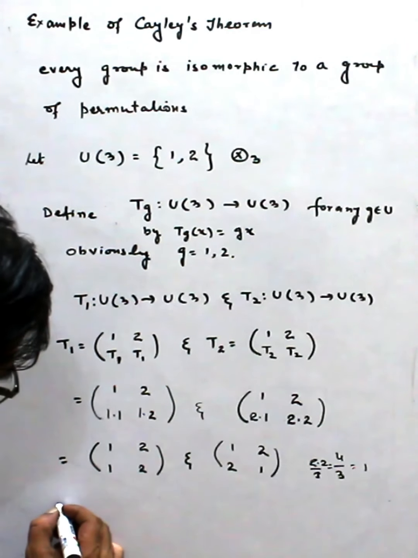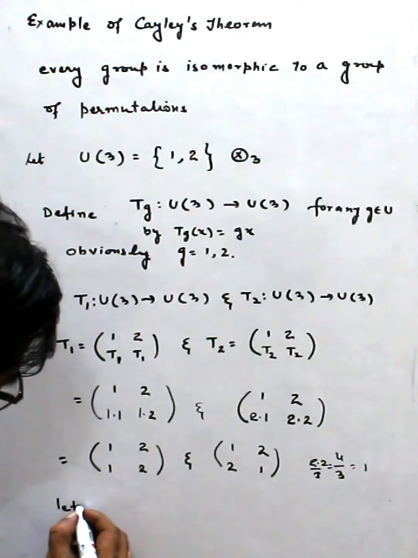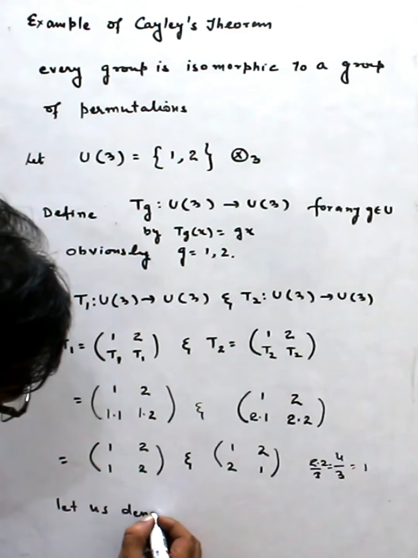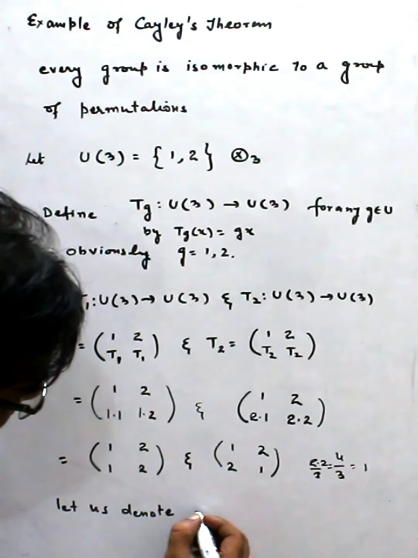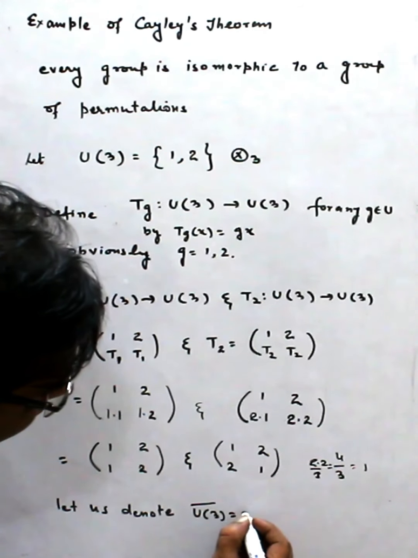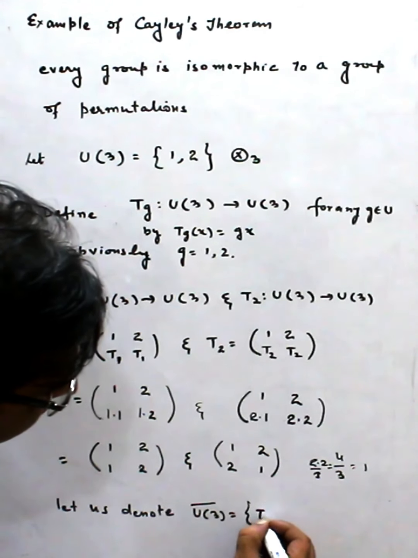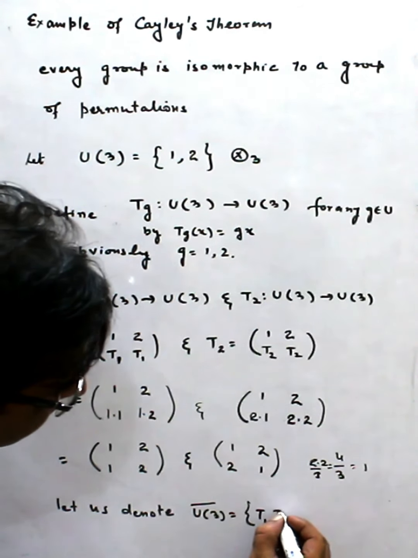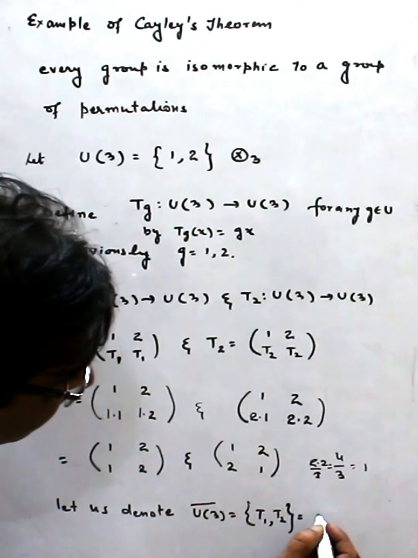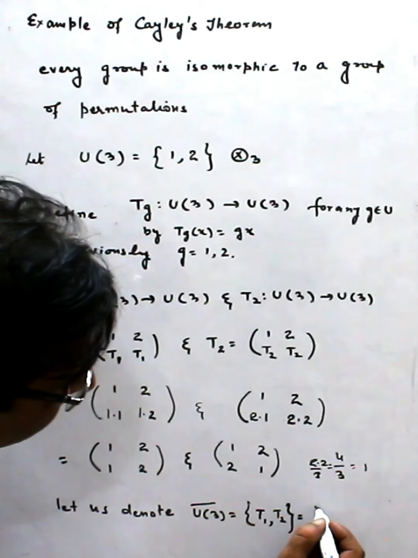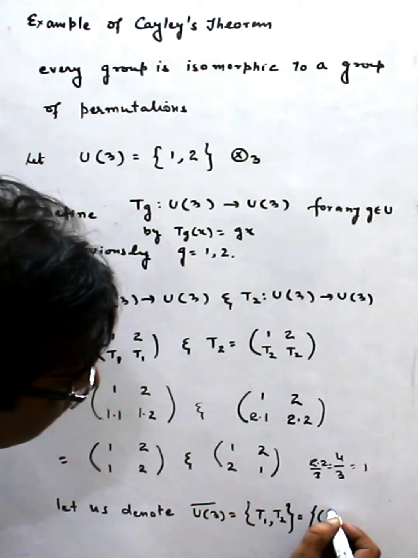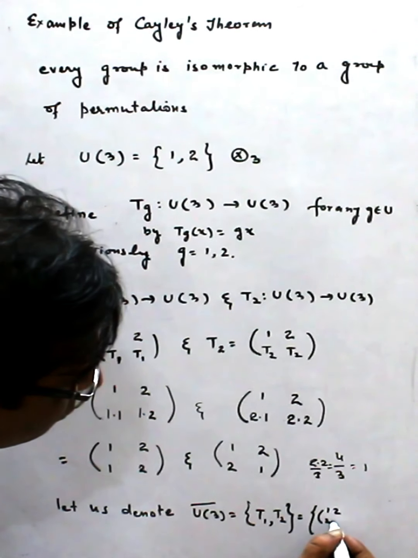Let's denote U3 bar as the group of permutations which has T1 and T2, that means which has the elements (1 2; 1 2) and (1 2; 2 1).